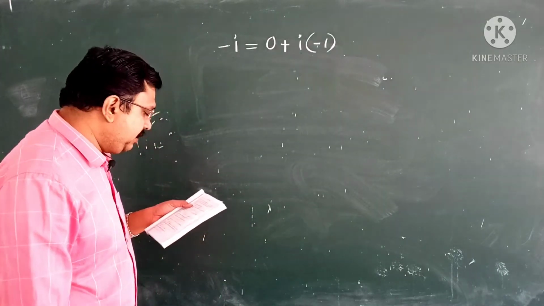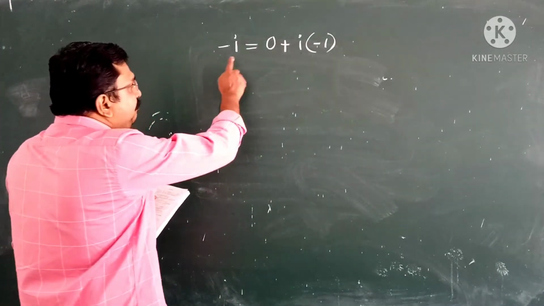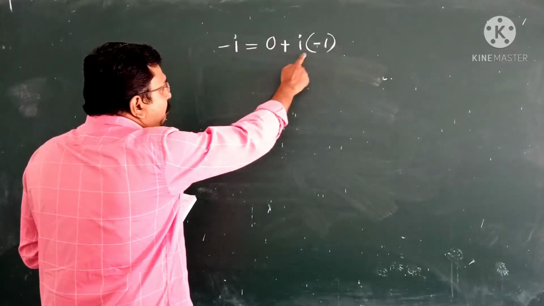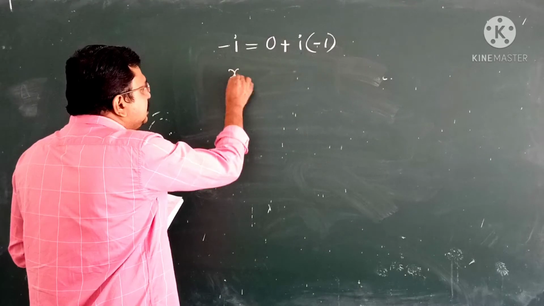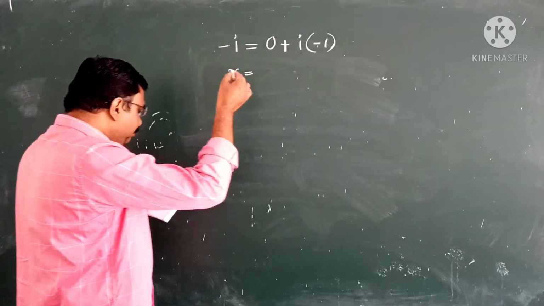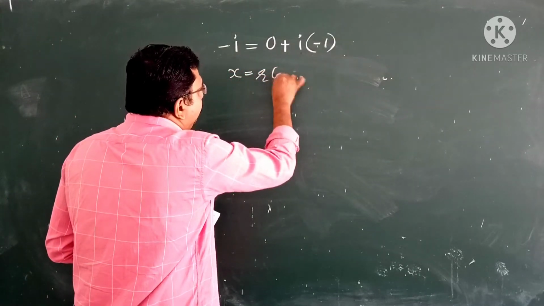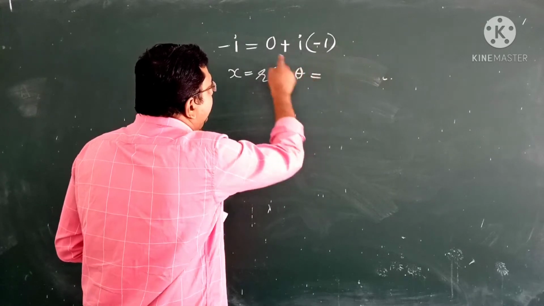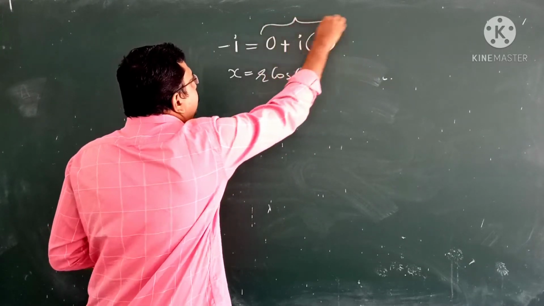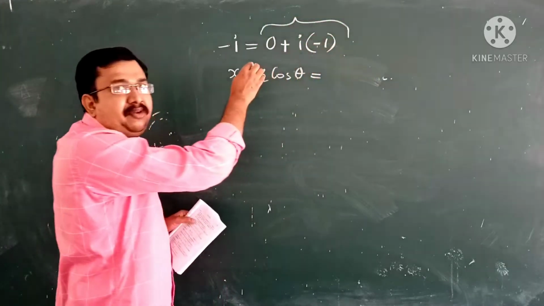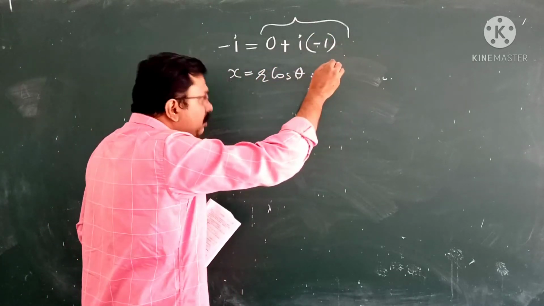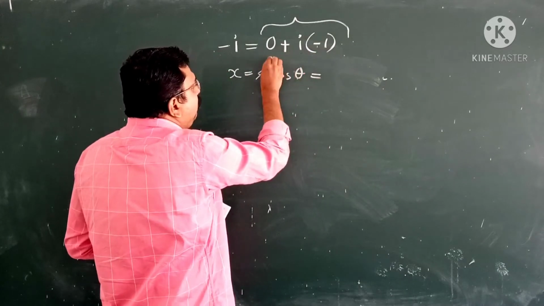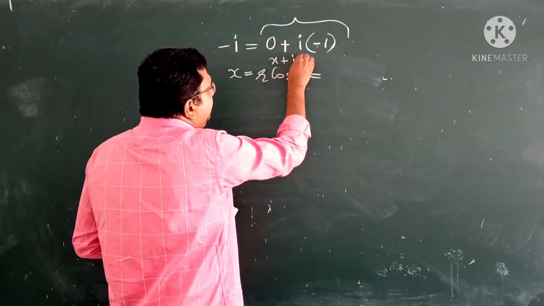We know that minus i equals 0 plus i into minus 1. What is x? x equals r cos theta. Remember that this is of the form x plus iy.